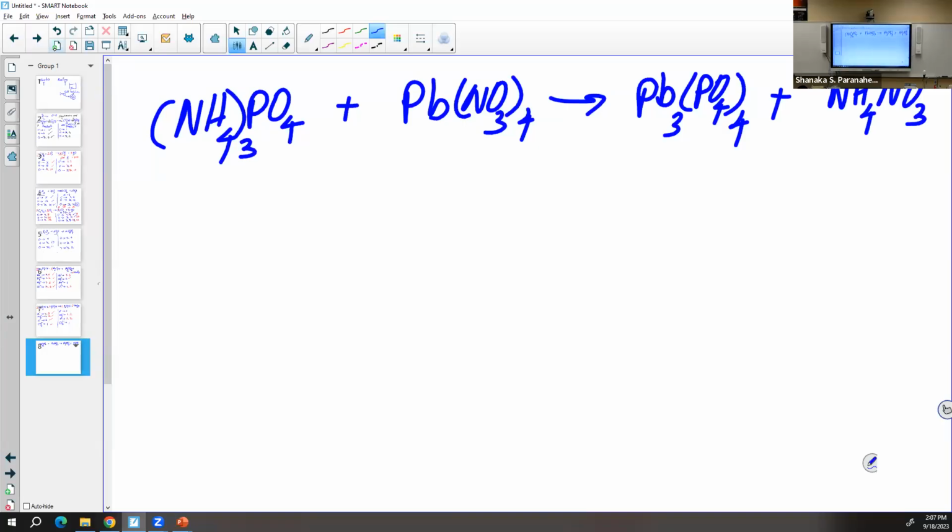Did anyone balance it? What is the number in front of the last product, ammonium nitrate? 12.